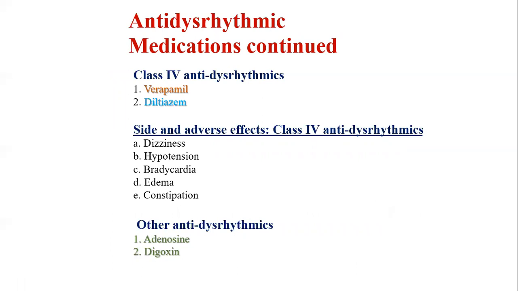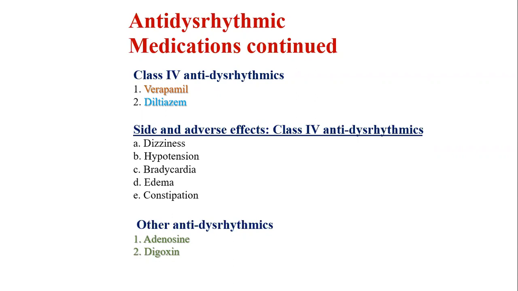And class 4 is calcium channel blockers, particularly verapamil and diltiazem. The common indications of class 4 are supraventricular tachycardia, atrial fibrillation, and atrial flutter.